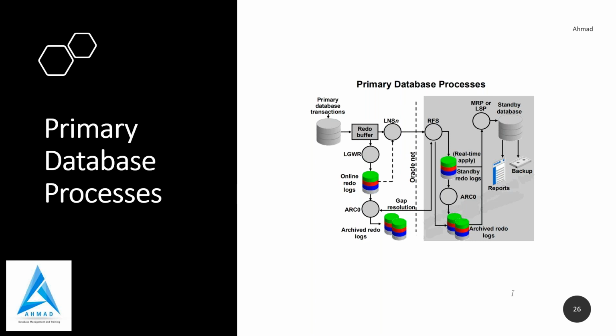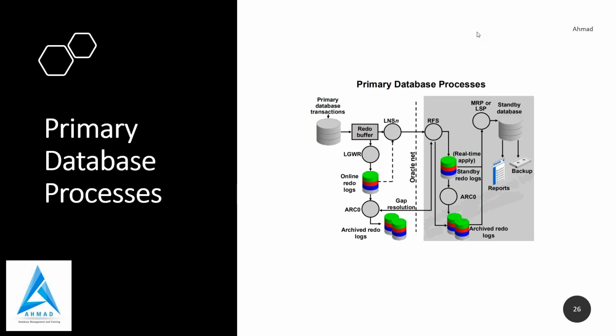And another process is MRP. So what will the MRP process do? The MRP process basically applies the archive redo log information to the standby. If you start managed recovery with the command ALTER DATABASE RECOVER MANAGED STANDBY DATABASE SQL statement, this foreground session performs the recovery.